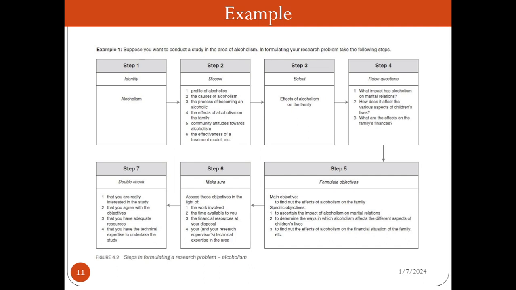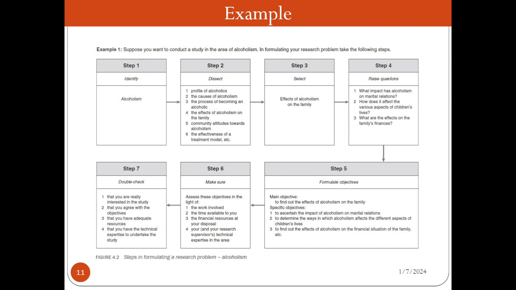Now step 2, dissect alcoholism into its dimensions, into, for example, doable small parts, which are testable, which are measurable. Now dissect. Number 1, profile of alcoholics and the cause of alcoholism, the process of becoming an alcoholic, the effect of alcoholism on the family, community attitudes towards alcoholism, the effectiveness of a treatment mode.